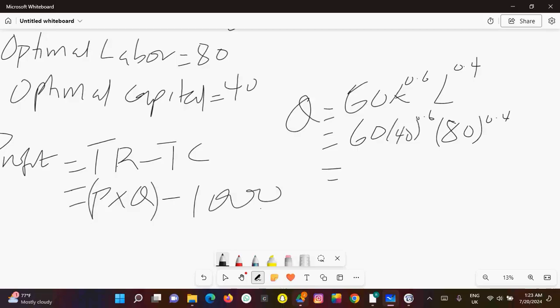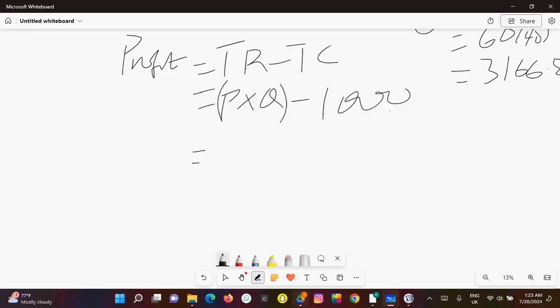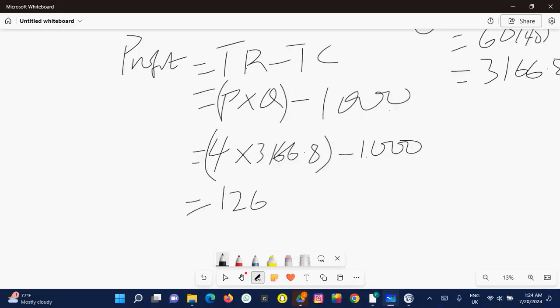So we are going to get 166.82 limit. Now, the price they were selling us is at 4, times Q is now 166.8 minus power, which is going to give us 126.7.